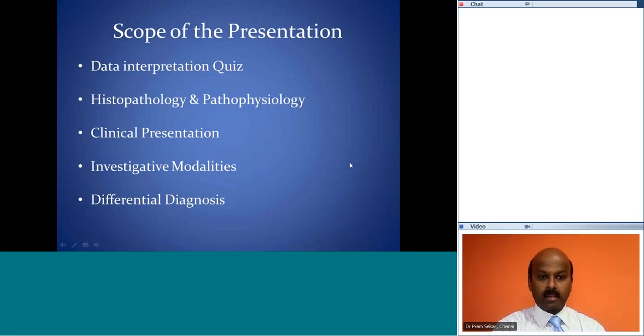Then we would look at the clinical presentation, followed by investigative modalities, and we'll round it all up with differential diagnosis. The management of PDA will be done some other time, I presume.